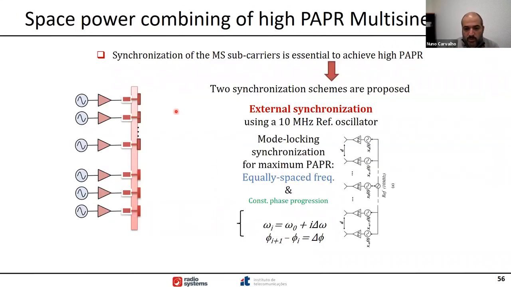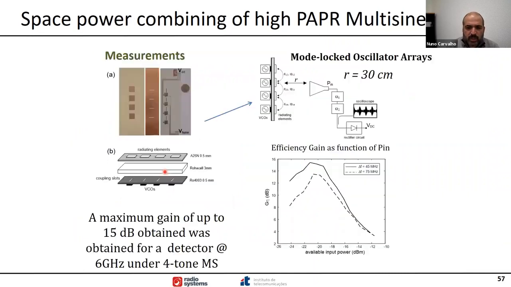We developed this with some colleagues from CTTC, and the solution at that time was mainly to use four oscillators. These are multi-locked oscillator arrays. How this happens: we start an oscillator, then we start the second oscillator that couples to the first one, we start the third oscillator that couples to the other two, and we start the fourth oscillator that couples with the other three, so that you can create these peaks on the air interface, but not on each one of the antennas.